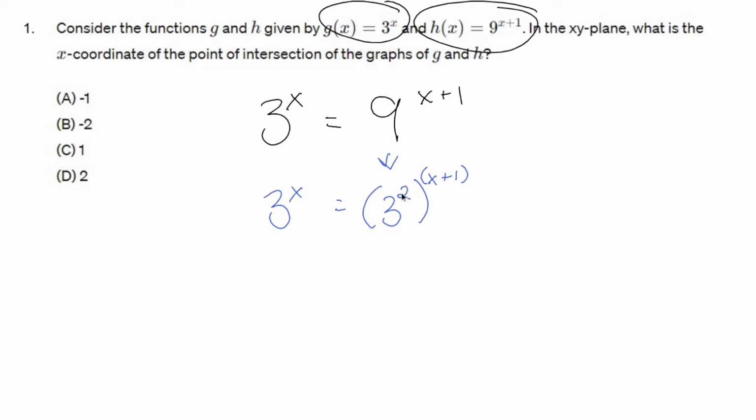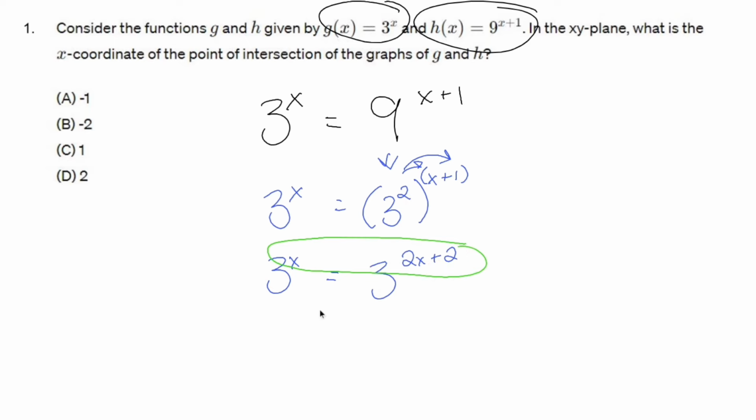I'm not there yet. I have a power to another power. You multiply exponents when that happens. So I'm actually going to distribute 2 to the x plus 1. So 3 to the x equals 3 to the 2x plus 2. Now that I have 3 to the stuff equals 3 to the stuff, I set the stuffs equal to each other.